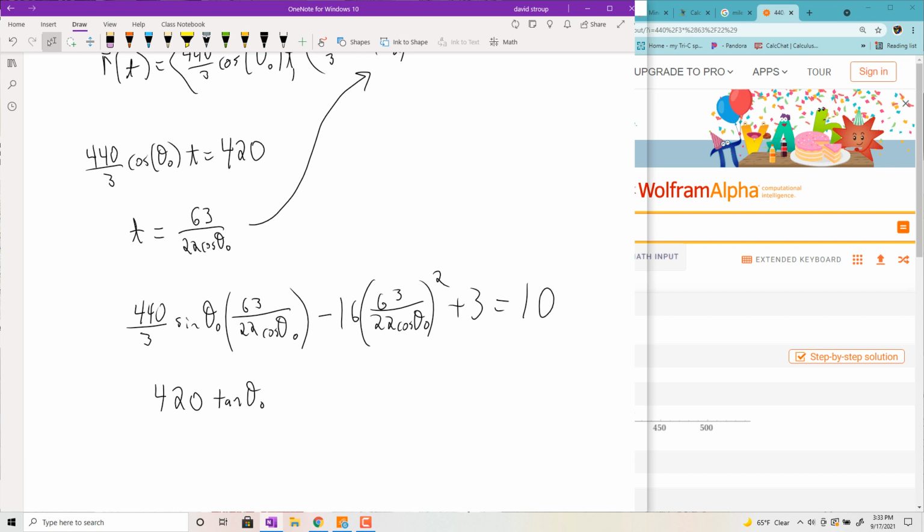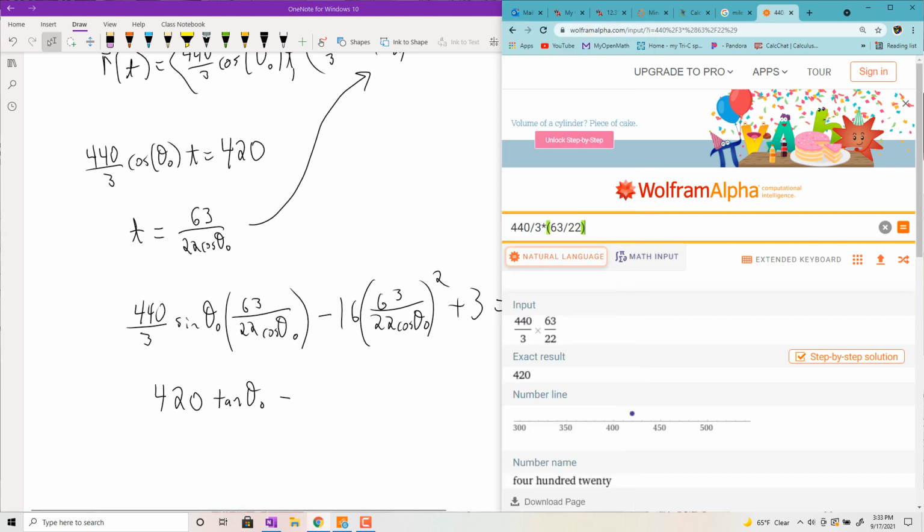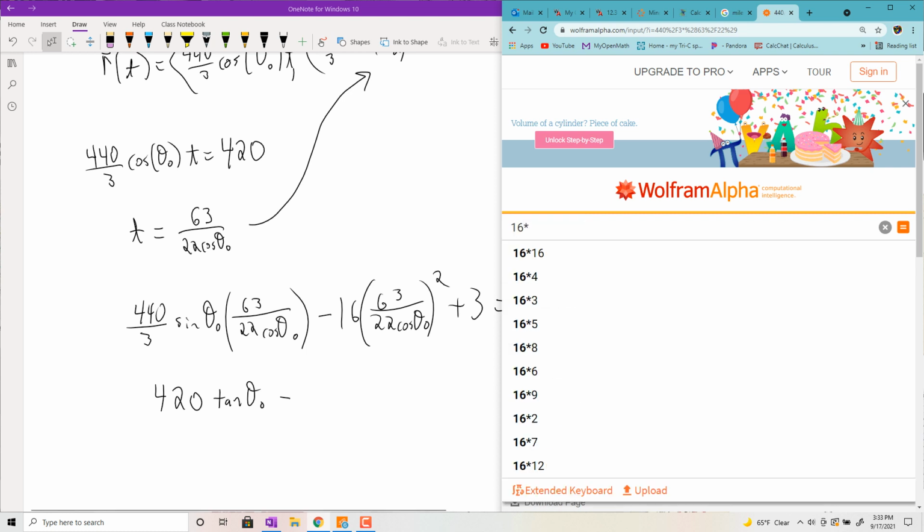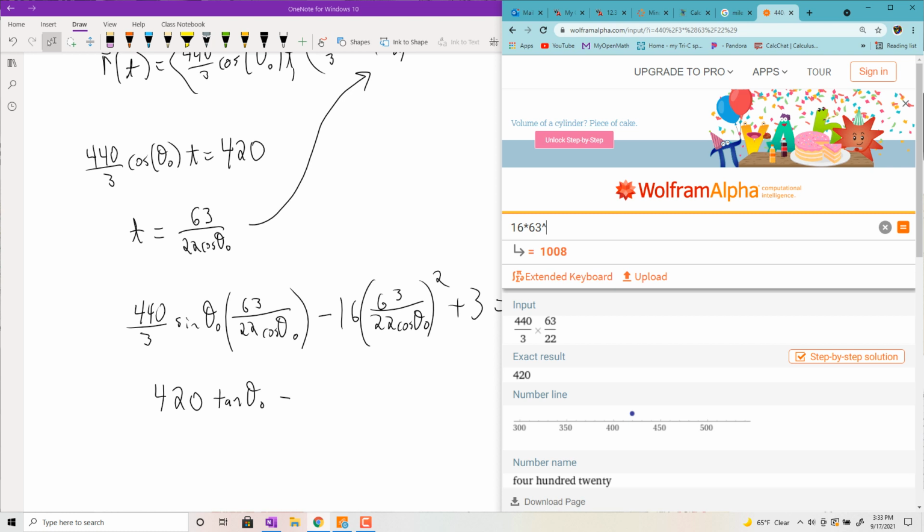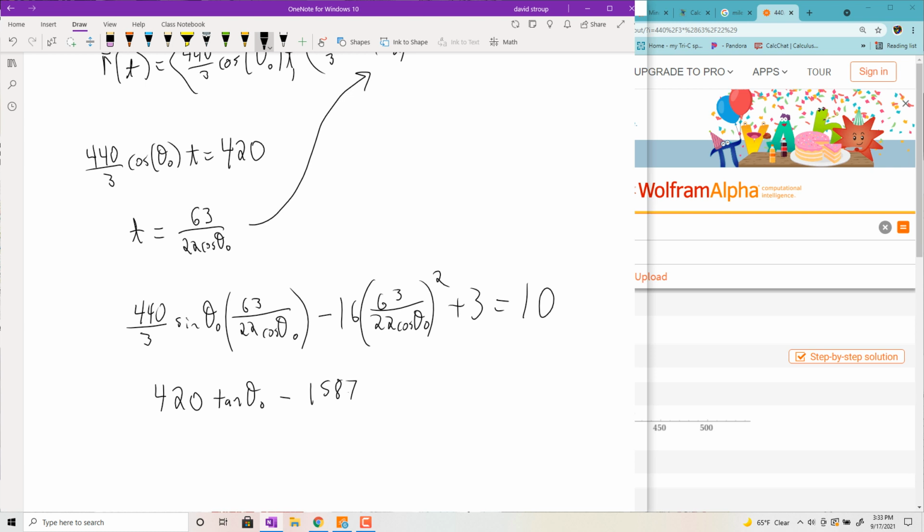Okay. And then minus this other nasty component, which is 16 times 63 squared divided by 22 squared, which is a nasty one. 15876, I think it was, over 121.